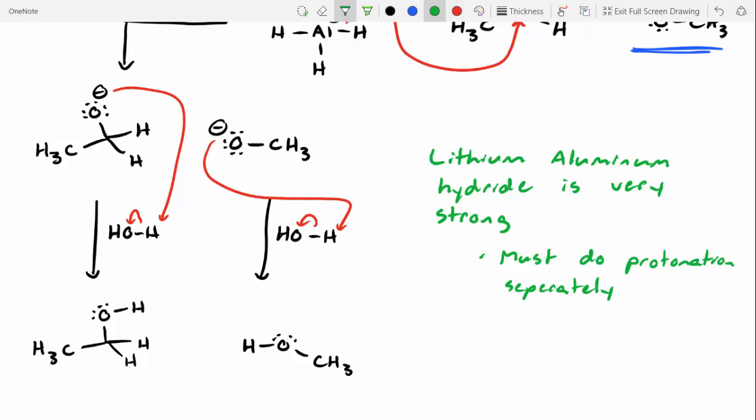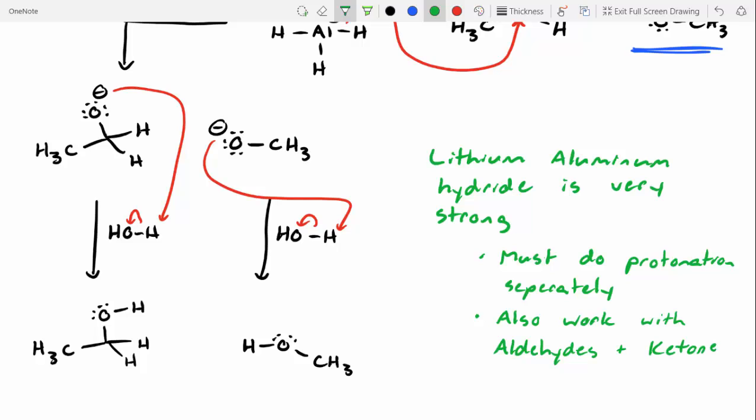Do you think lithium aluminum hydride would work on aldehydes and ketones? If it's really strong? Yeah. Yeah, it could work. So this will also work with aldehydes and ketones.